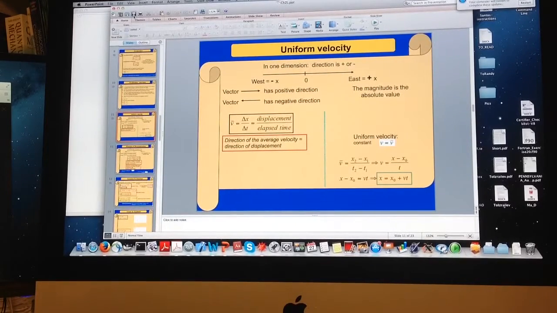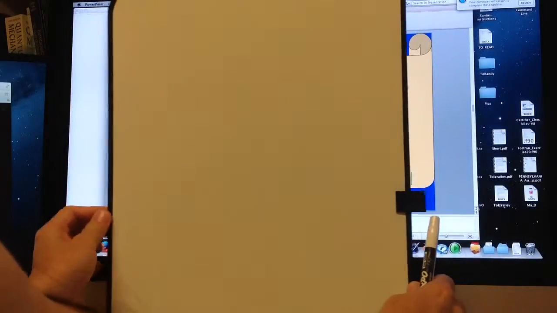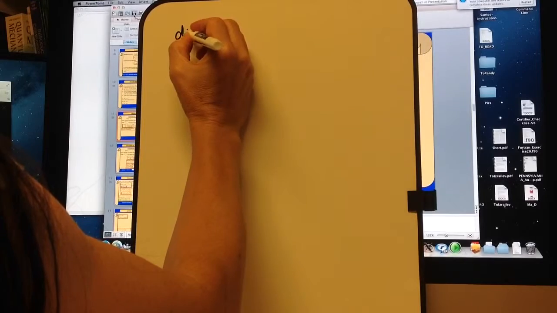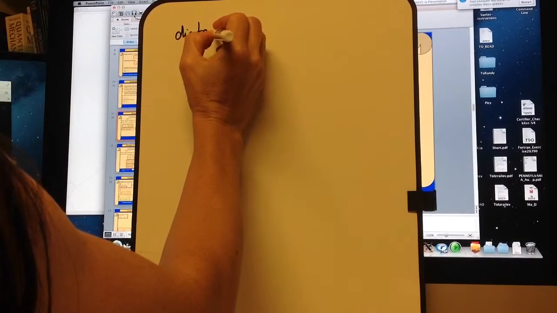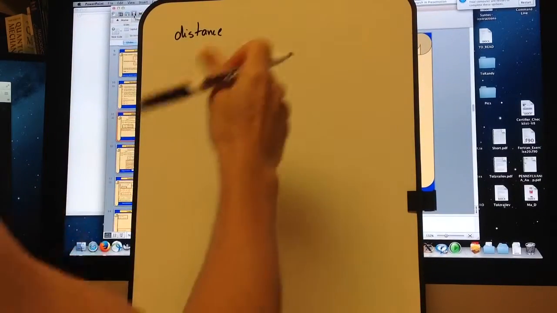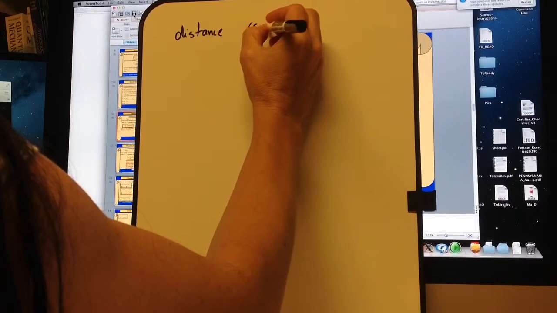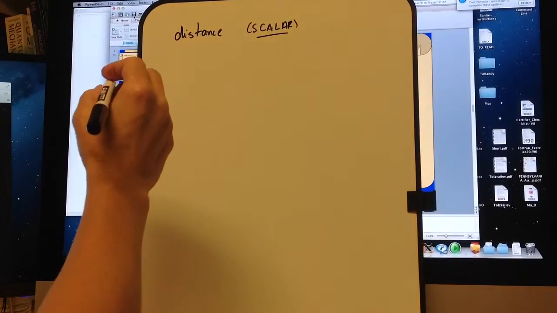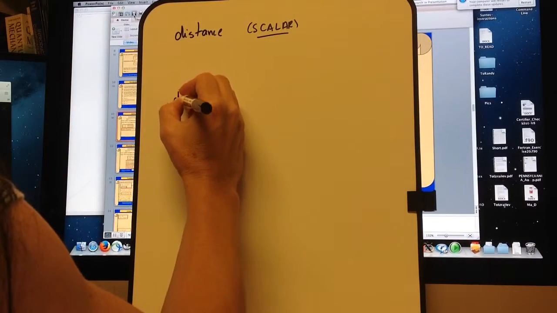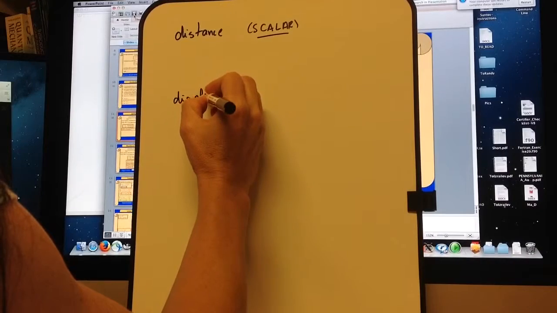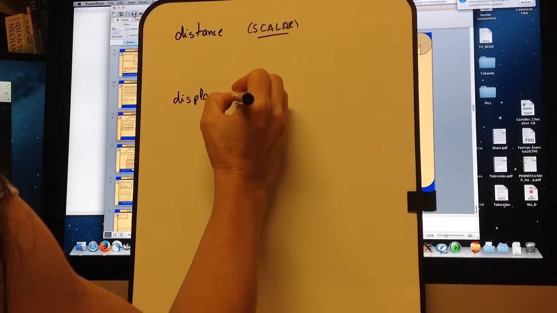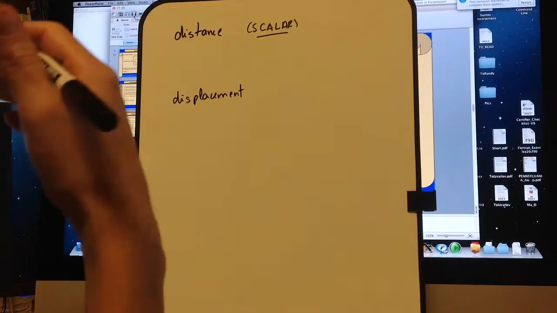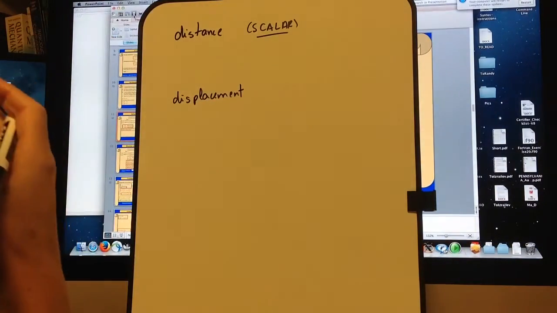Okay, other things that we defined. We talked about distance, right? We said the distance is just how much the object traveled. And we said the distance is a scalar, it's just a number, and it's a number, of course, with units. Then we talked about displacement. Displacement, let me write here, is not just how much the object traveled, but how far away it went from its starting point.